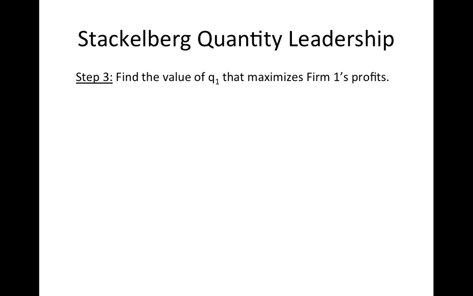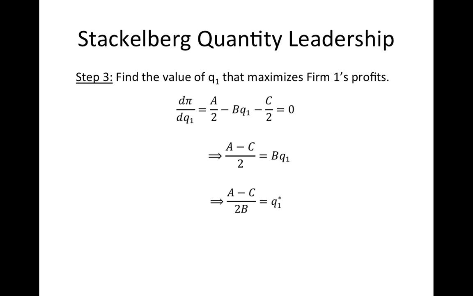Once we have done this, we find the profit maximizing level of output for Firm 1 by taking the derivative of the firm's profit function with respect to its output, setting the derivative equal to 0, and solving for Q1.